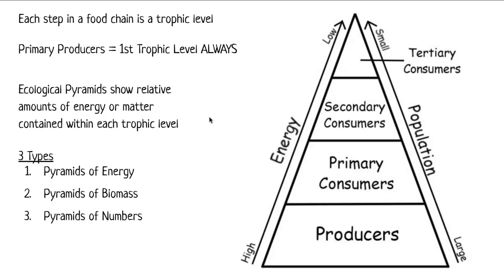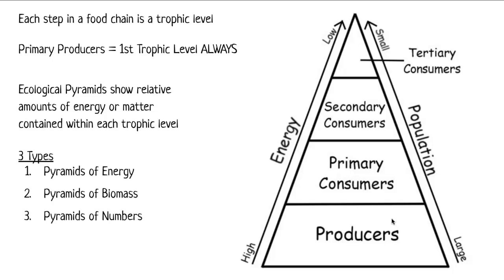Each step in a food chain is considered to be what's called a trophic level. So in the pyramid, each section is a step in the food chain. The first thing is the producers. In this particular example, they're leaving out the sun.